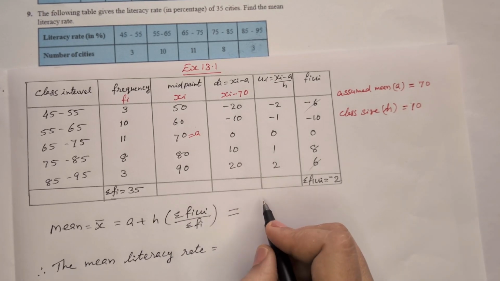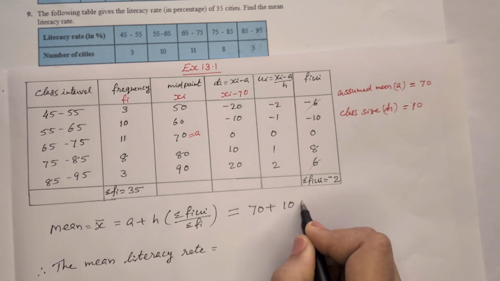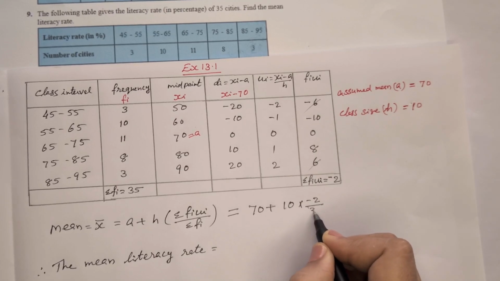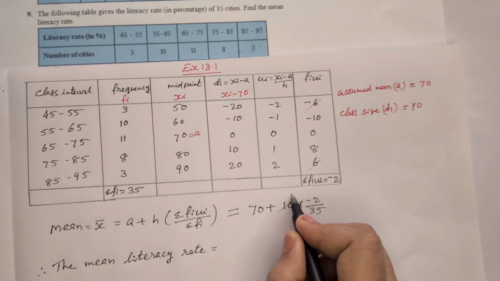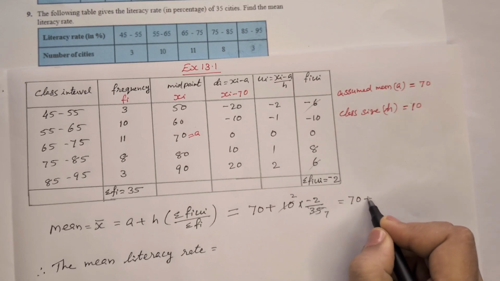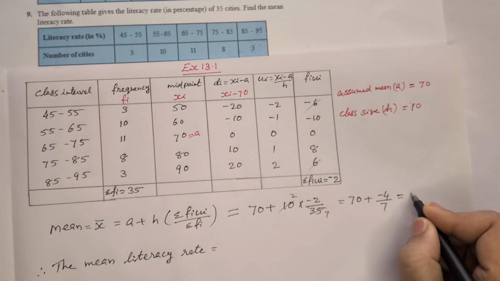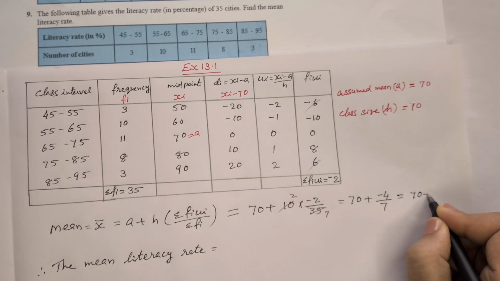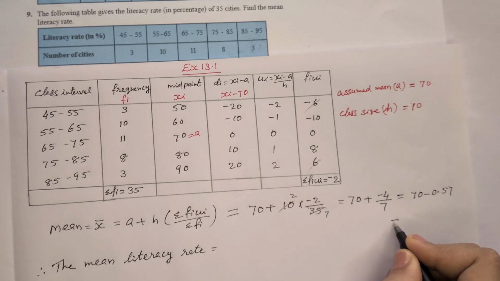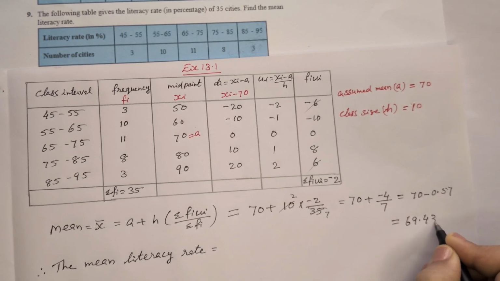Here A is 70, h is 10, sigma fi ui is minus 2, sigma fi is 35 by 5, which is 2 by 7, equal to 70 plus minus 4 by 7, which is equal to 70 minus 0.57, is equal to 69.43.